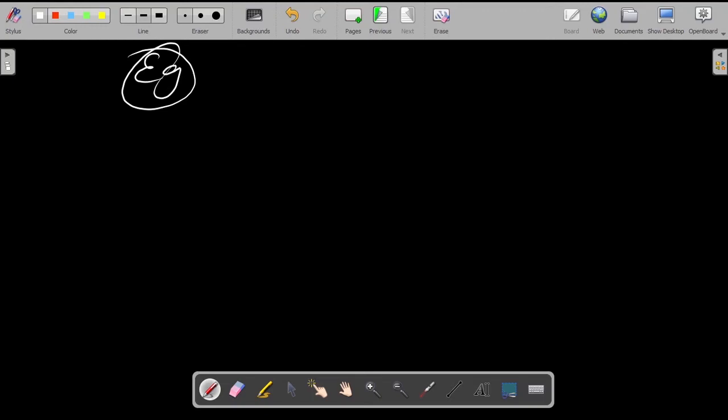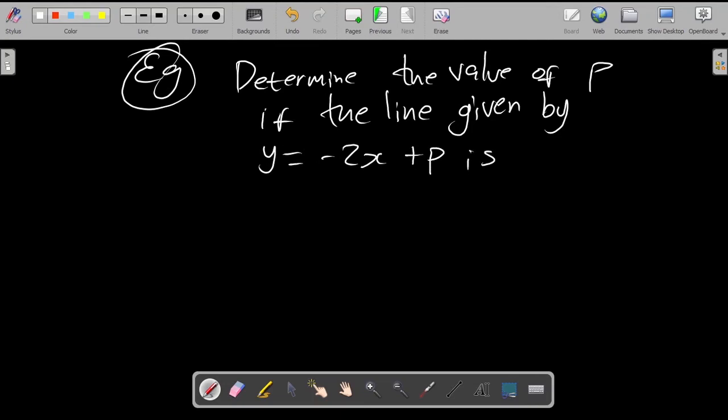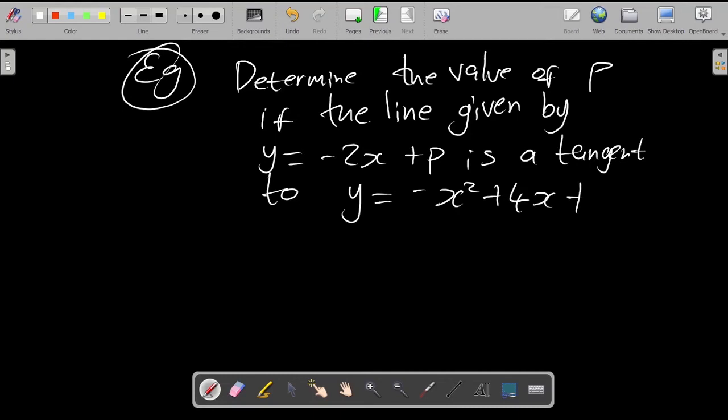So let's say we have a question which says, determine the value of p if the line given by y equals -2x plus p is a tangent to y equals -x squared plus 4x plus 5.